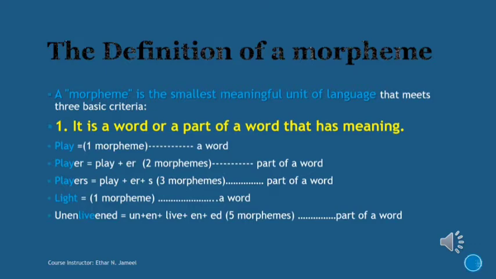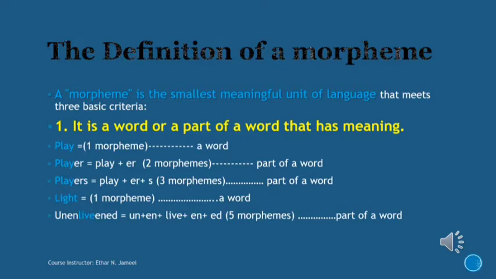If we take another word like player, player here consists of two morphemes, play plus er. Play here is part of a word. The word is player and play is part of the word player. Er is part of the word player.